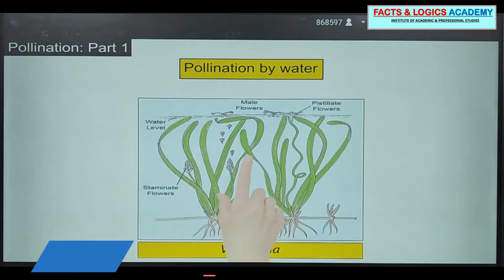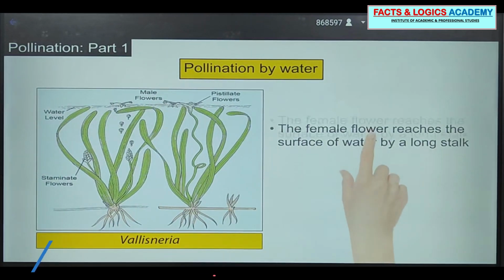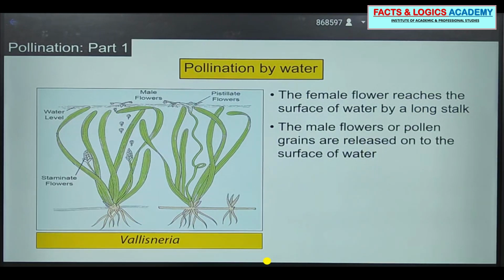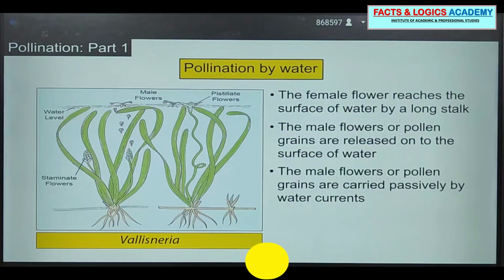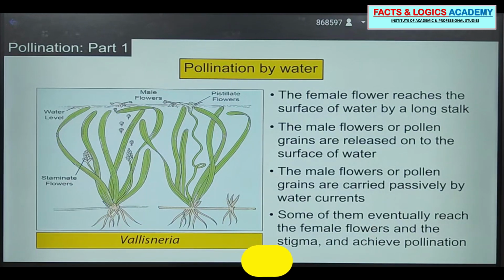Well, to understand this, let us take the example of Vallisneria. In Vallisneria, the female flower reaches the surface of water by a long stalk, and the male flowers or pollen grains are released onto the surface of water. They are carried passively by water currents, and some of them eventually reach the female flowers and the stigma and achieve pollination.